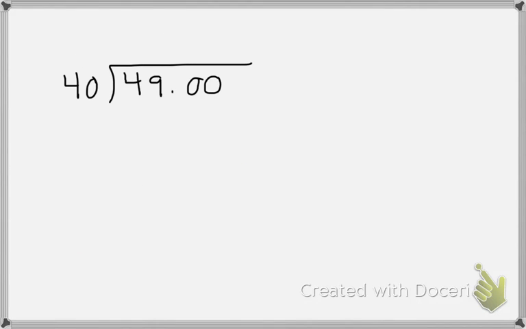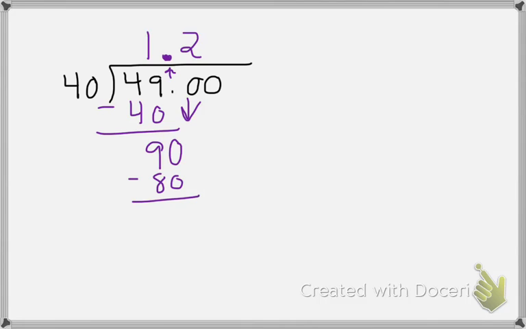Okay, so I set my problem up here, 49 divided by 40. Okay, and again, when we have our decimal inside, we bring that up right away. Okay, 40 goes into 49 once. 1 times 40 is 40. 49 minus 40 is 9. We bring down the next digit, which is a 0. It turns into 90. 40 goes into 90 twice, right? Because 2 times 40 is 80. 90 minus 80 is 10. Bring down the next digit, which is a 0.